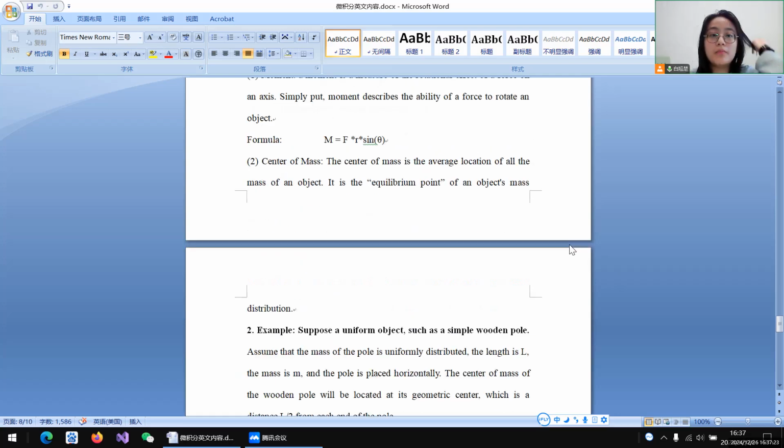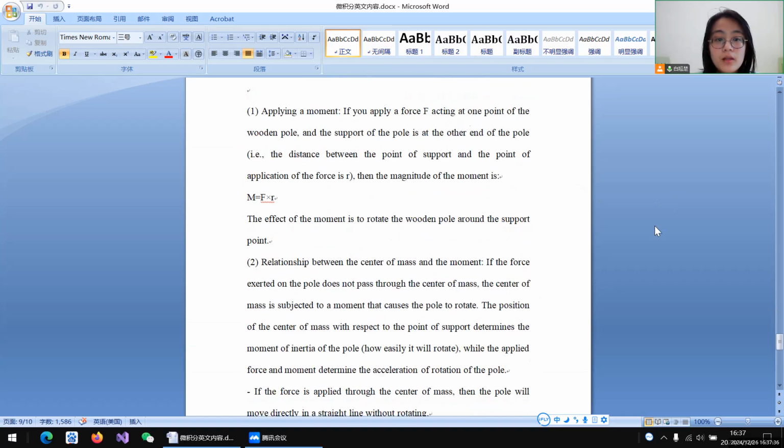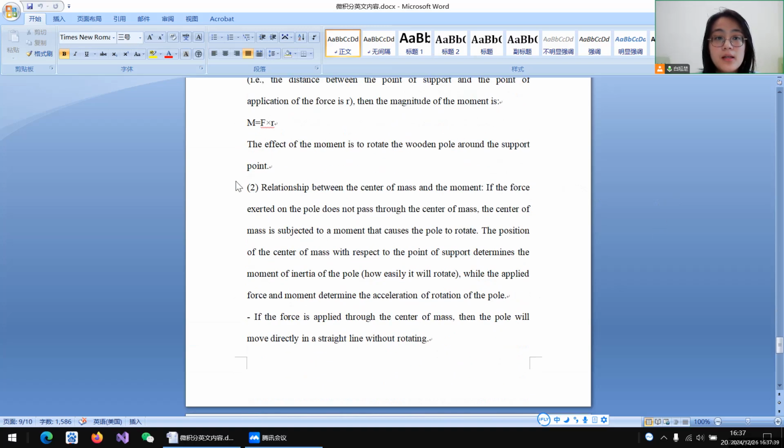Second part is center of mass, and this is the definition. We can show an example: suppose a uniform object such as a simple wooden pole. We can see the relationship between the center of mass and the moment.